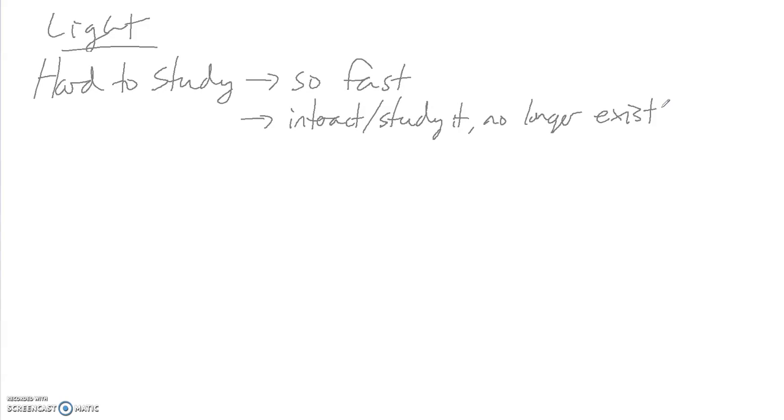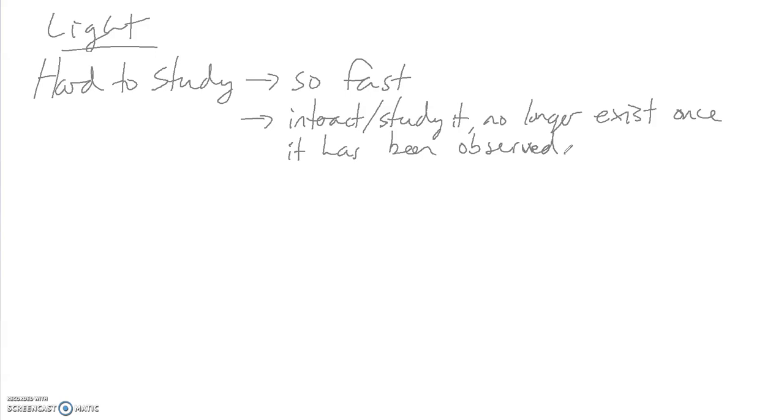It's hit something, it's changed into other stuff. That's by far the biggest reason light is so hard to study. But people have been working on it for thousands of years, and the more you study about light, the more strange things you learn. It's really neat what light can lead to.